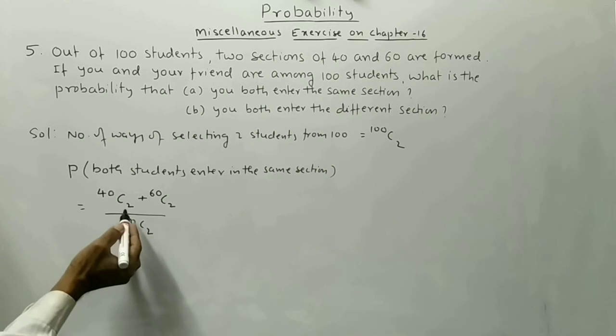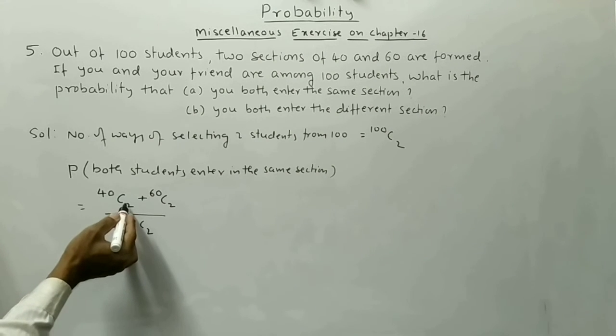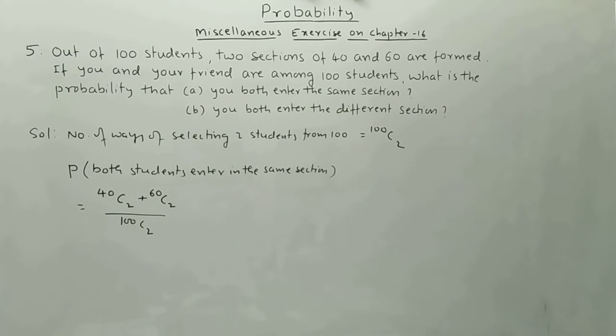Means if both students enter in section A of 40, then selecting 2 from 40 is 40C2, and if they enter in section B of 60, then number of ways of selecting 2 from 60 is 60C2.